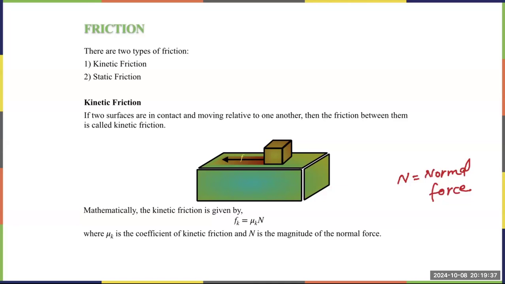So the larger the coefficient of kinetic friction, the larger the amount of force. If you look at this equation carefully, this friction force only depends on the coefficient of friction and the normal force.